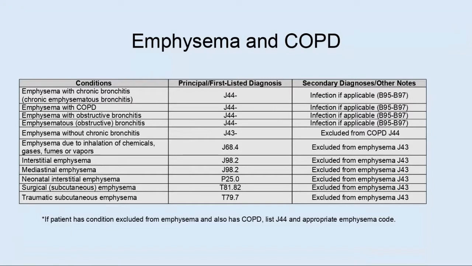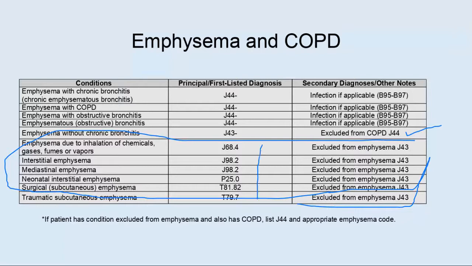So notice these codes are excluded from emphysema. This code is excluded from COPD. Now, if the patient has a condition excluded from emphysema and also has COPD, you can code J44 and one of these other codes listed here.